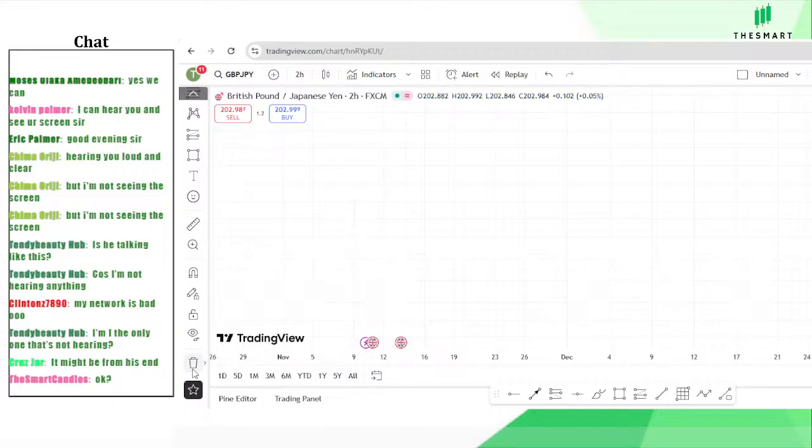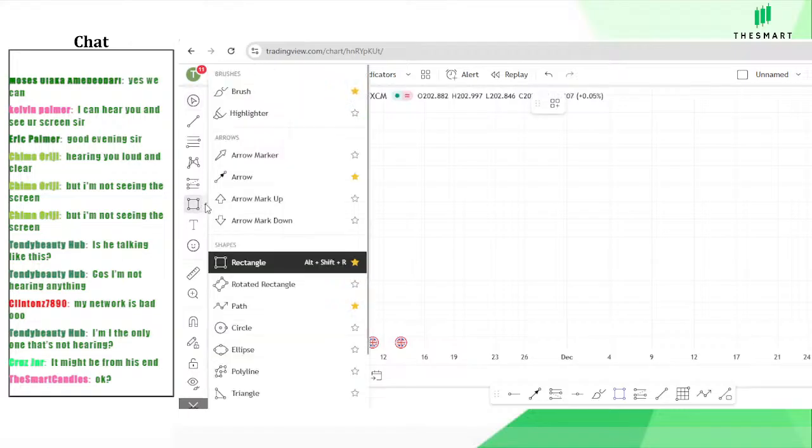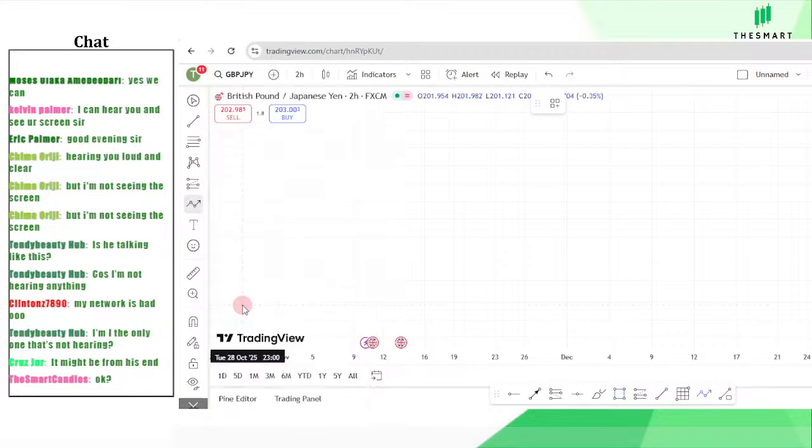So we'll draw something like this. Let me put this properly. Okay, so we have this part. We have this part. We have this part. So this is it.